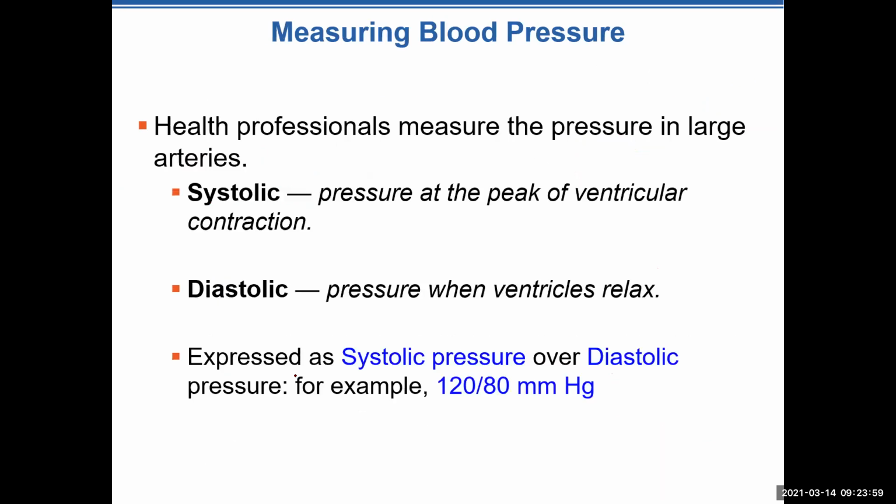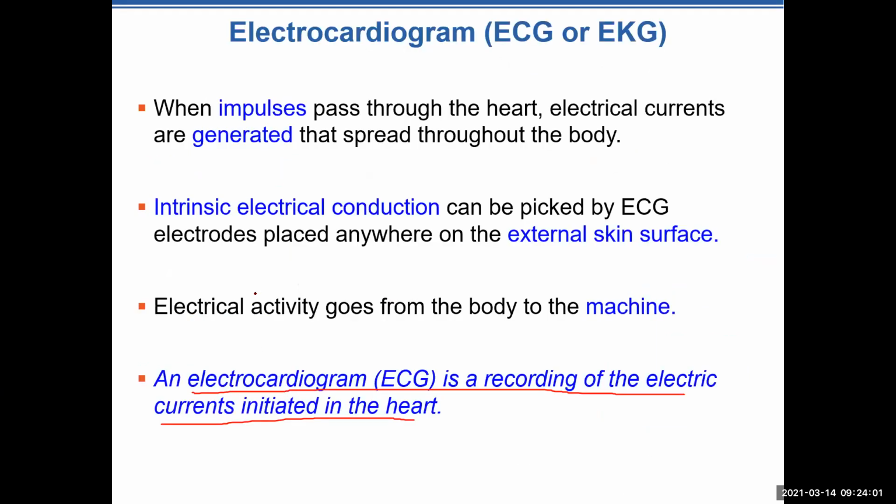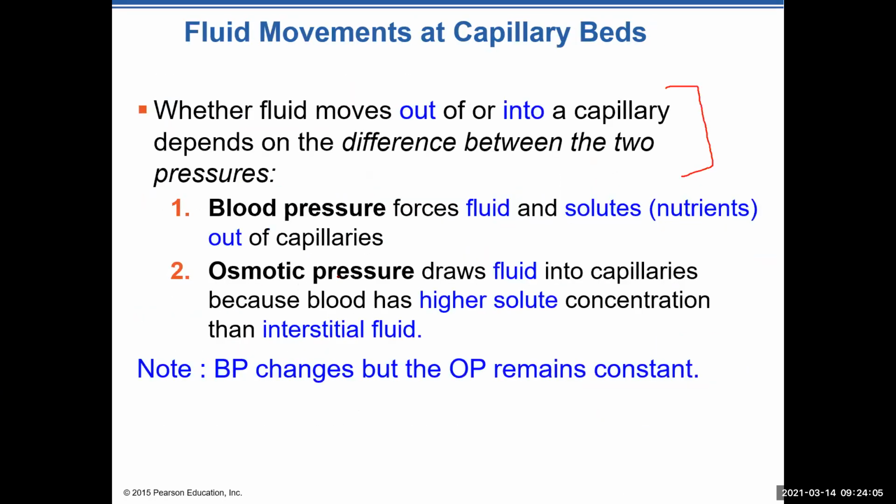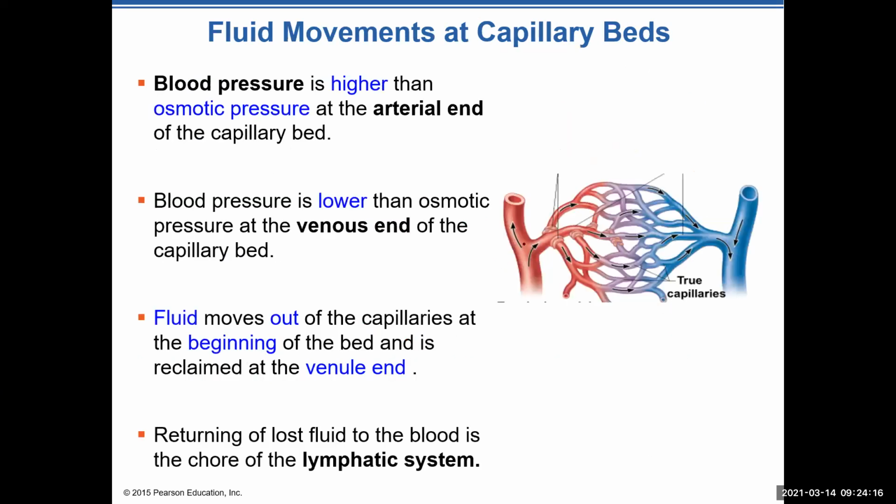So moving on to the last topic of this chapter, which is further interconnected with our next chapter. In this part, we're going to discuss how the fluid movement takes place from the capillary. So we have cells present over here, okay?